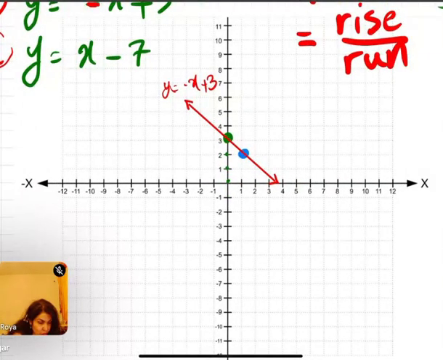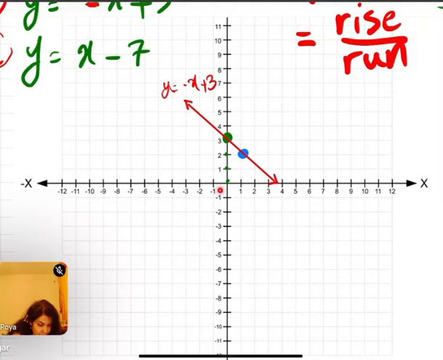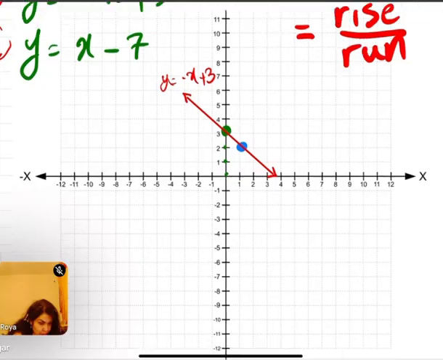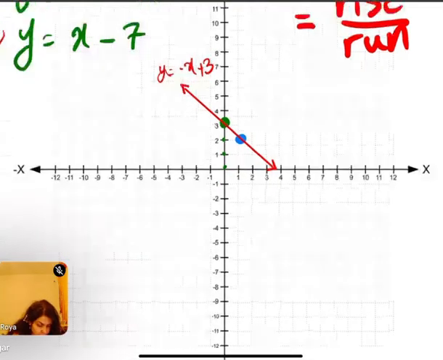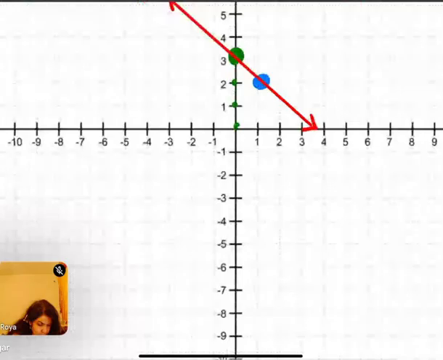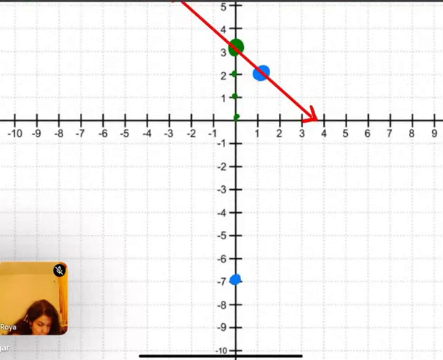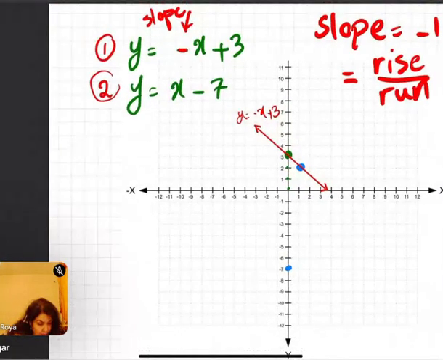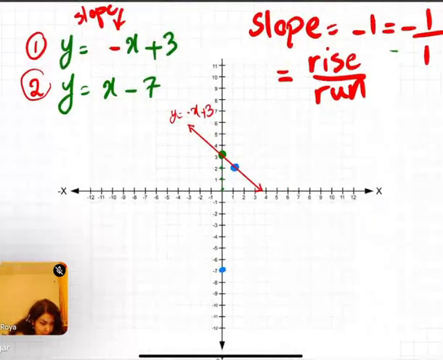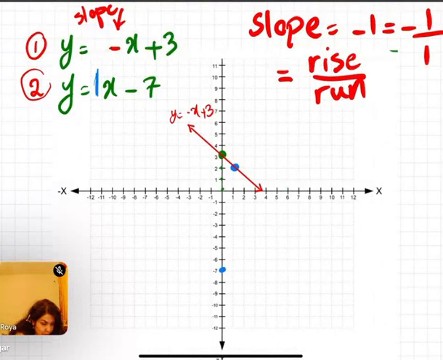So show negative 7: 1, 2, and negative 7 is this point. And the slope is 1.